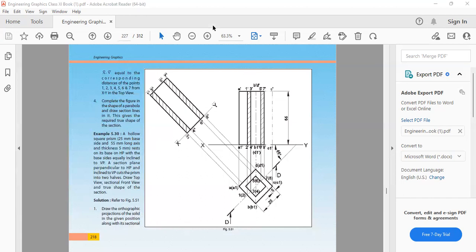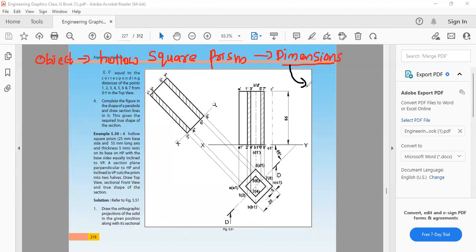Done, sir. Okay. So here the object is a hollow square prism. Tell me the dimensions of the hollow square prism.